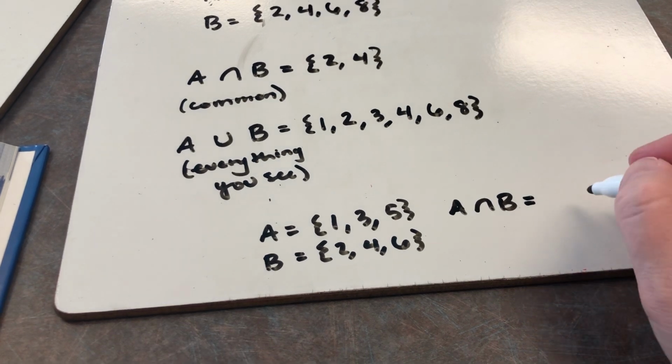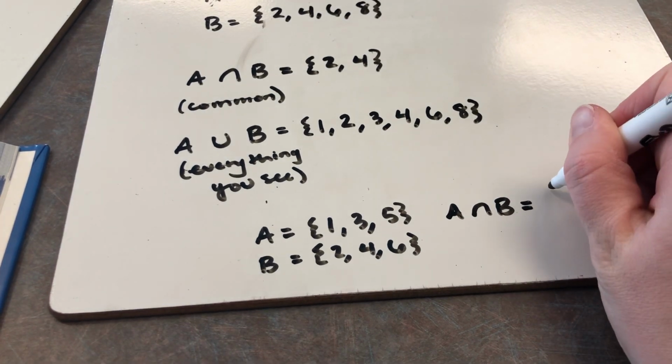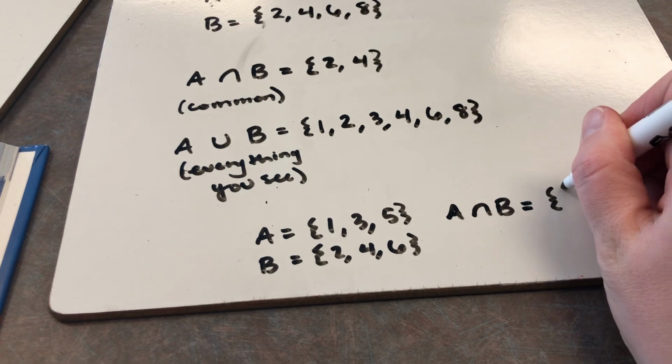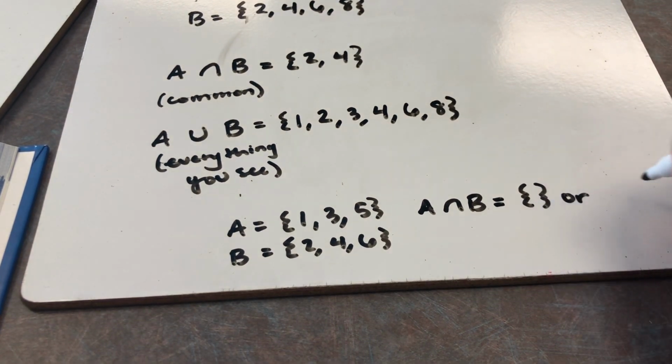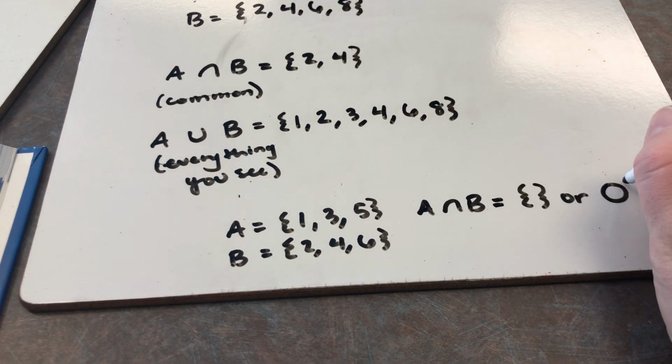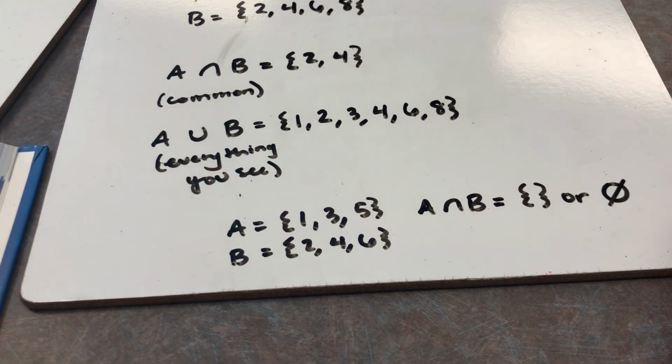They have nothing in common, so there's two ways that you can write it. One is a set of brackets with nothing written in between them, or you could write a 0 with a line through it, which means empty set.